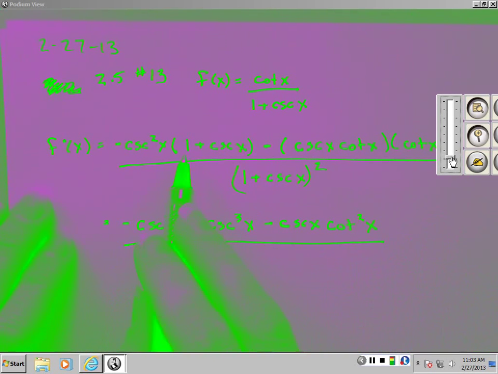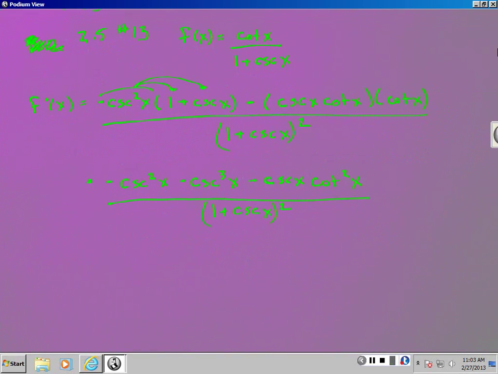This one, I distributed this term, over 1 plus cosecant x quantity squared. Cosecant times cotangent times cotangent is cosecant times cotangent squared.